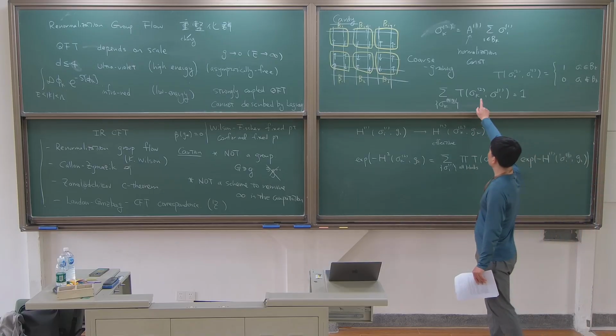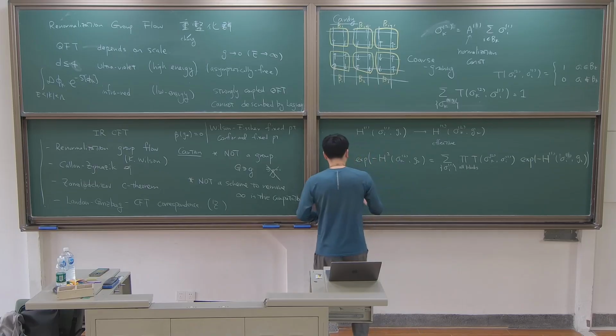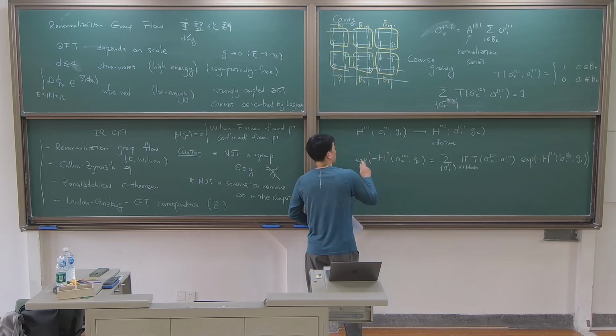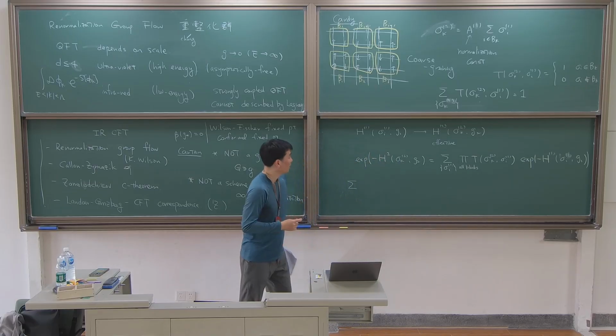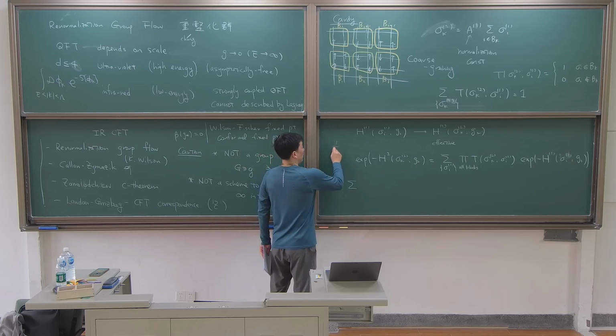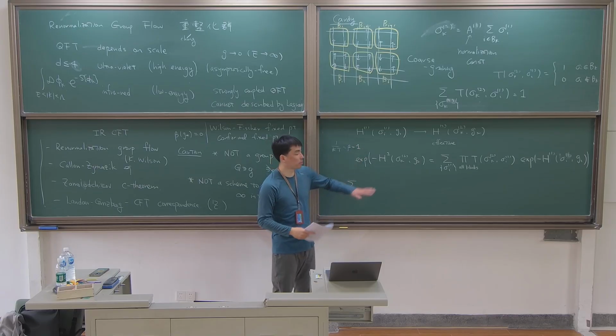And because of this condition, if you do the following with the Boltzmann weight, I'm of course suppressing one over kT here, we just put the 1 here. So this is just the Boltzmann weight.